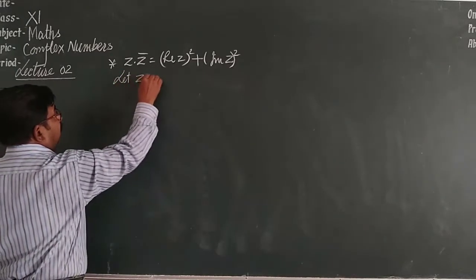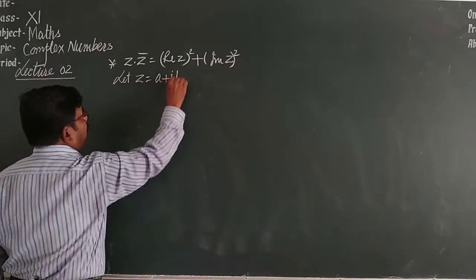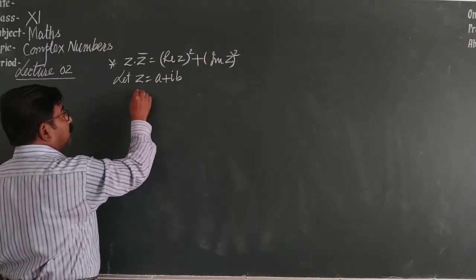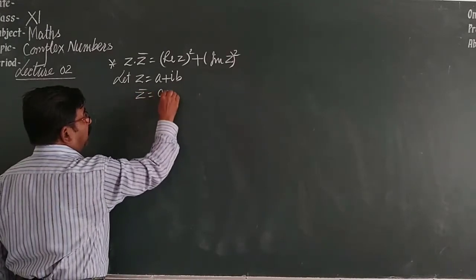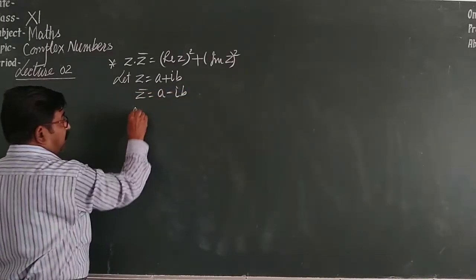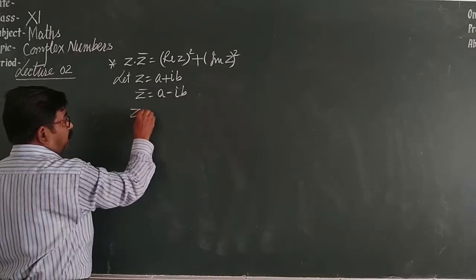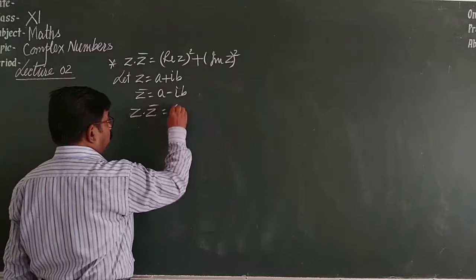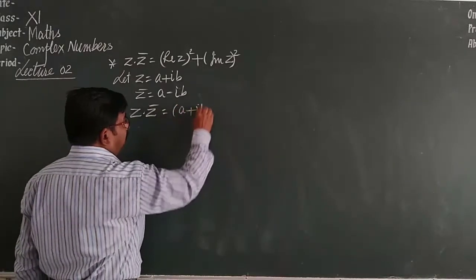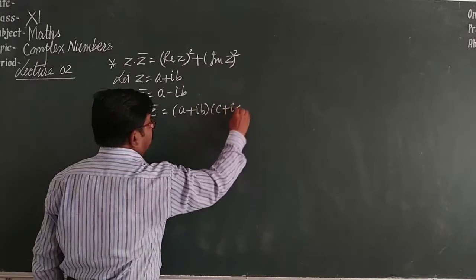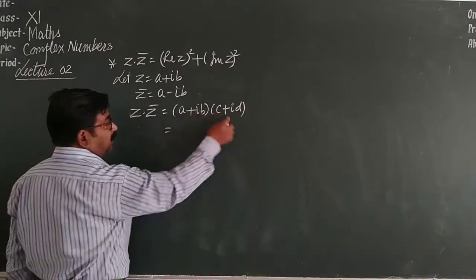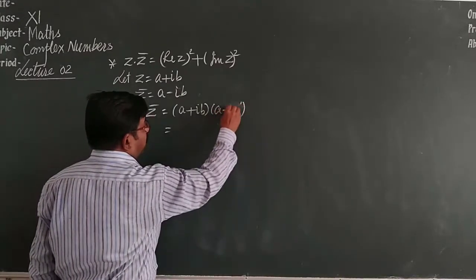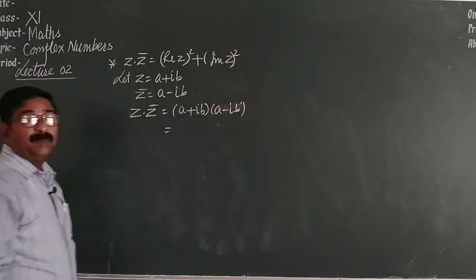See, let z is equal to a plus ib, c plus id, x plus iy, whatever you want. So z bar is equal to a minus ib. Let's see, z into z bar is equal to a plus ib into a minus ib. This becomes the a plus b and a minus b formula.